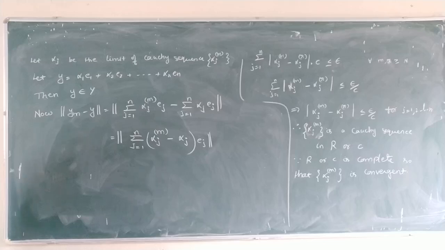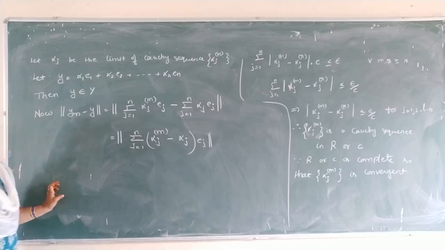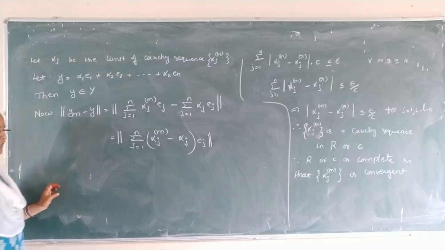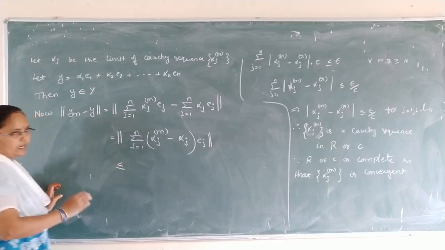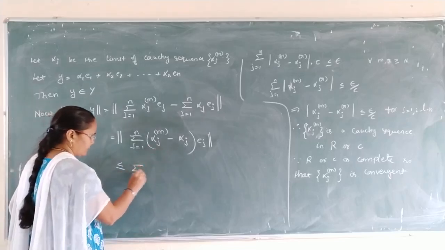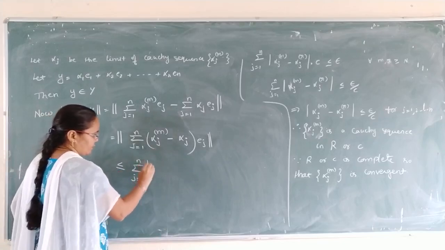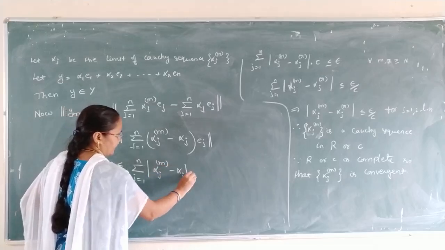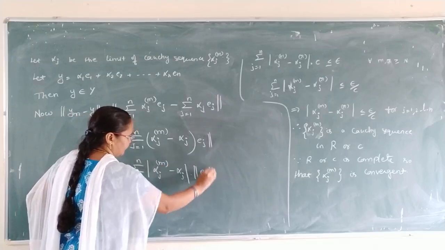Now here we have to apply the norm formula: norm of a into b is less than or equal to norm a into norm b. So modulus of alpha jm minus alpha j into norm ej.